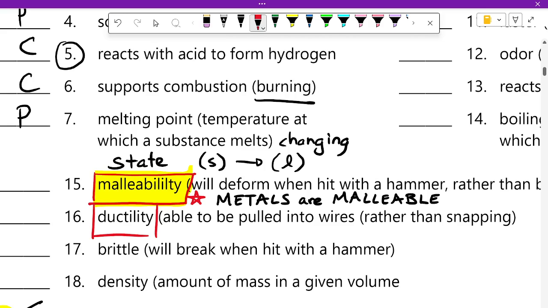Ductile means it's able to be pulled into a wire. And again, that's going to be a vocab word for this unit. Metals are ductile.